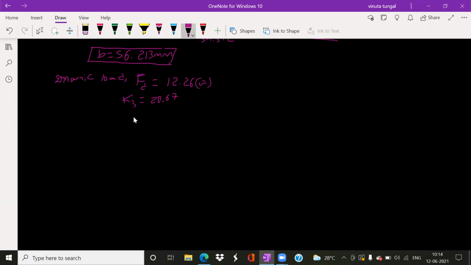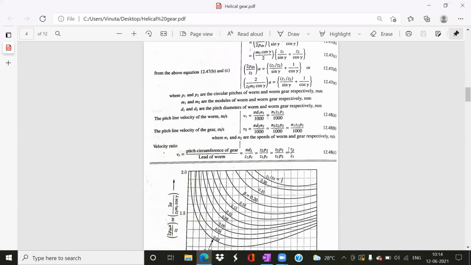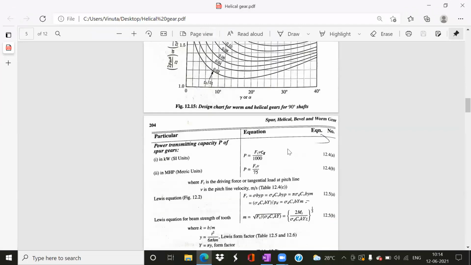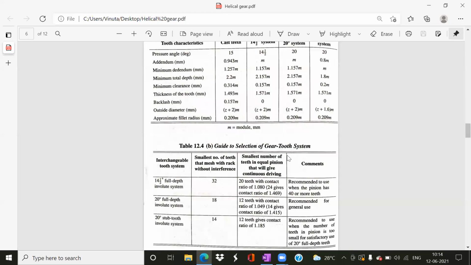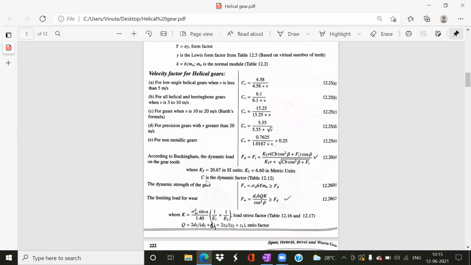To calculate C, you have to use table number 12.2. All of you open 12.2, page number 236. See here, K3 is given as 12.67.